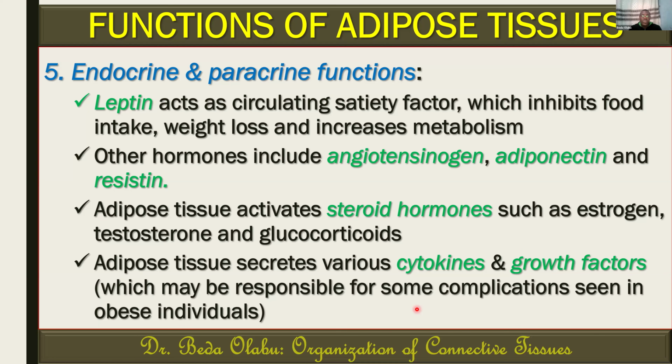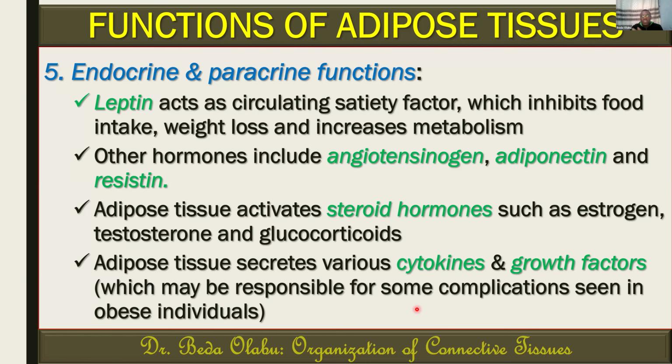And again, this also partly explains some of the complications we see with people who are obese, because there are a lot of cytokines and growth factors circulating, and so the effect of these cytokines may have clinical implications. So these are the key functions of adipose tissue.